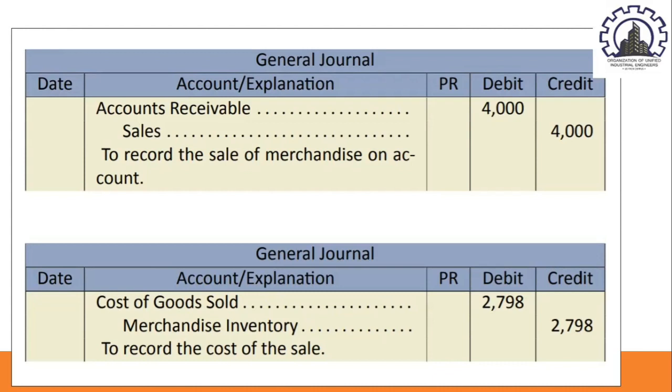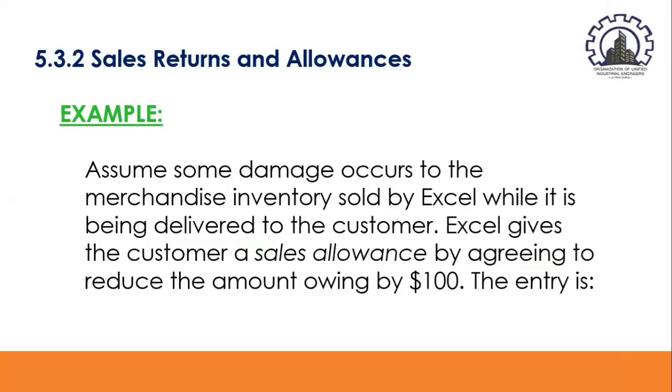And the second entry ensures that both merchandise inventory account and cost of goods sold account are up to date. All right. And under sales returns and allowances, when merchandise inventory that has been sold is returned to the merchandiser by the customer, then a sales return and allowances is recorded.